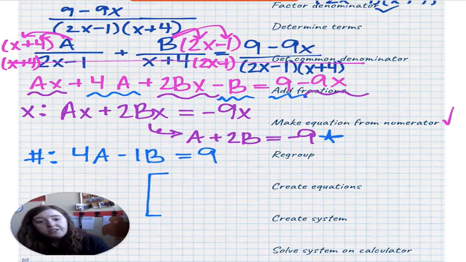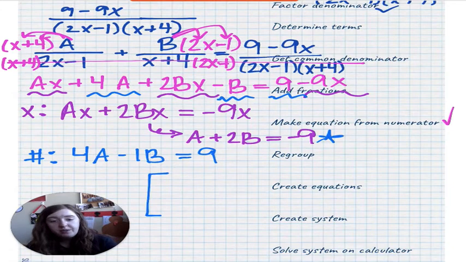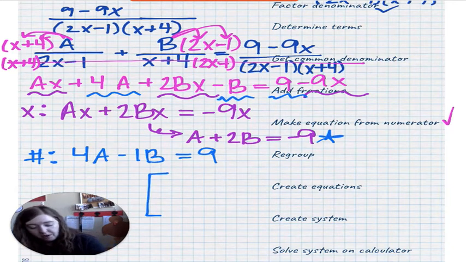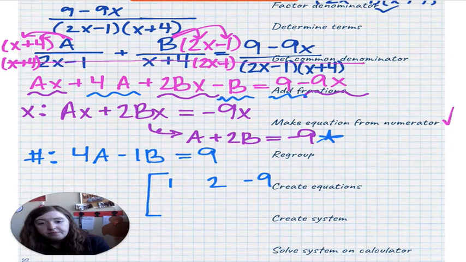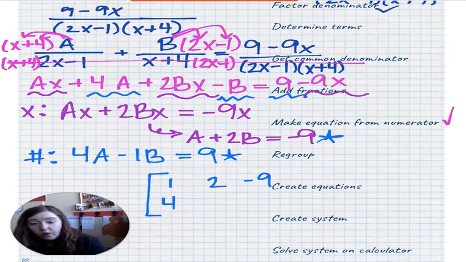So in that first equation, a plus 2b equals negative 9, my coefficient on a is 1, my coefficient on b is 2, and my plain old number is negative 9. In 4a minus 1b equals 9, my coefficient on a is 4, my coefficient on b is negative 1, and my plain old number is 9.